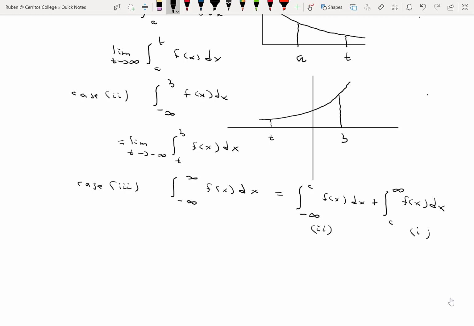One is of type II, and one is of type I.